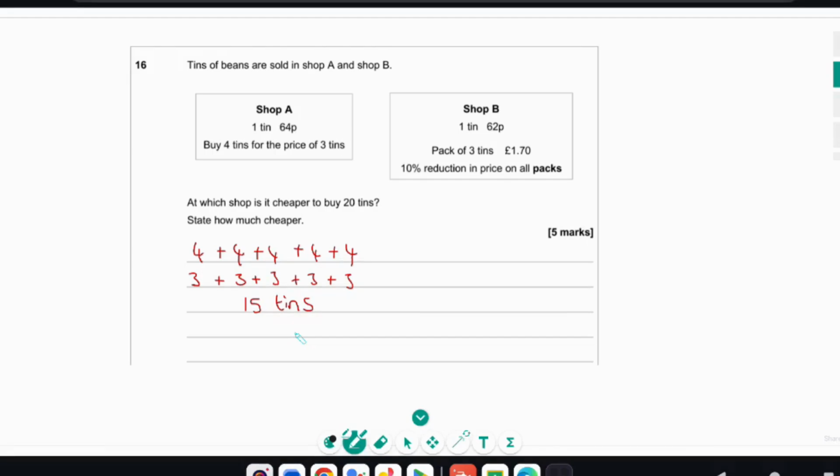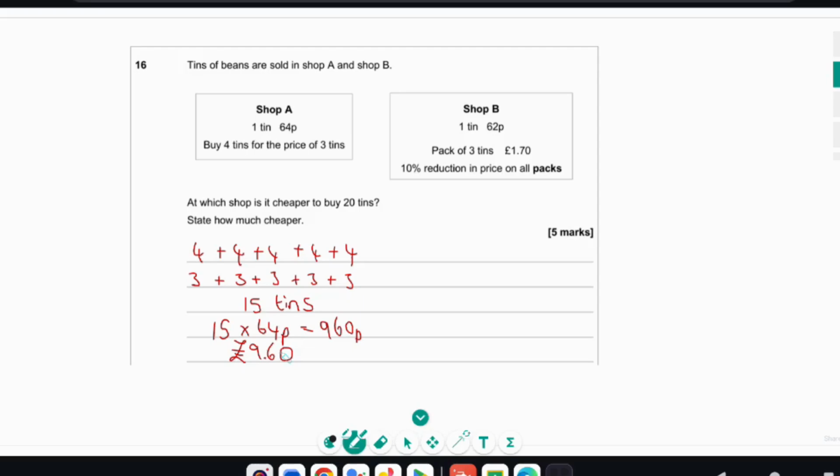So what's the price of 15 tins? 15 times 64p is 960 pence. Divide it by 100 to convert to pounds, £9.60.